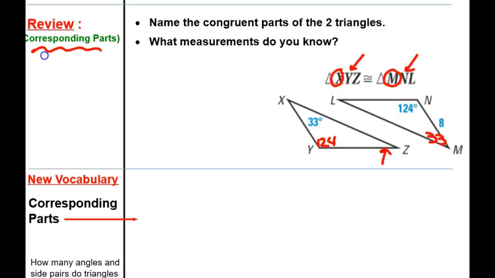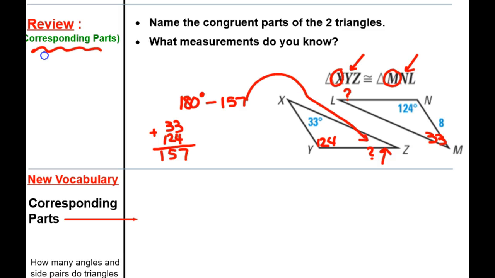The question is, how do you find the missing angle? Don't forget that you have 180 degrees in a triangle, so you can add your 33 and your 124, and then subtract from 180, and that's how you can find the missing angle.